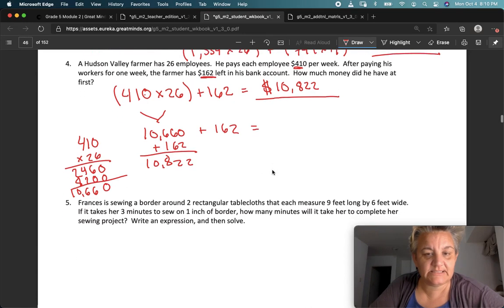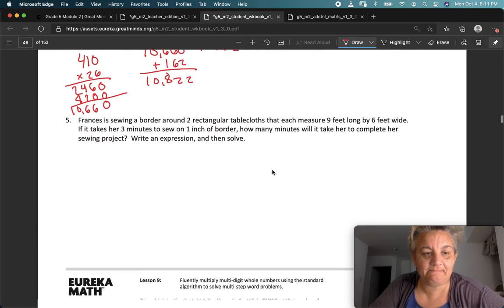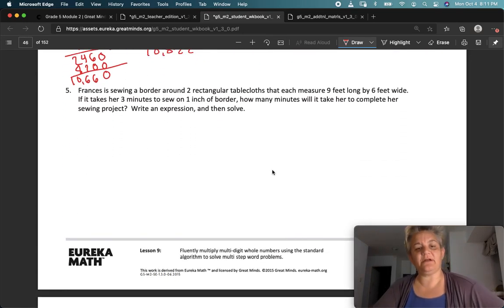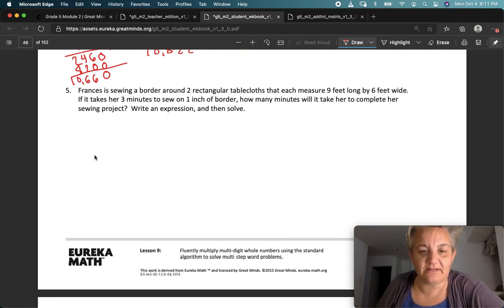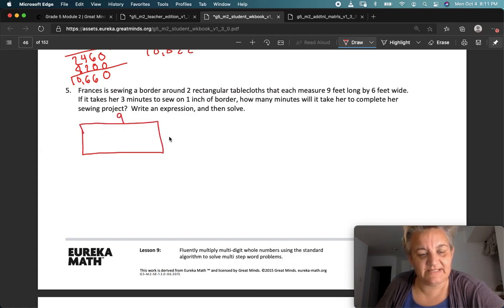All right, number 5. Francis is sewing a border around 2 rectangular tablecloths that measure 9 feet long by 6 feet wide. So there's 2 of them. They are 9 feet by 6 feet.